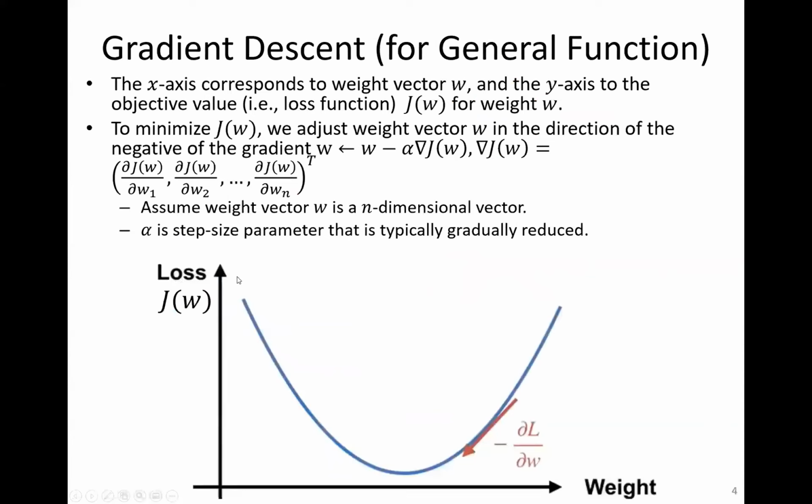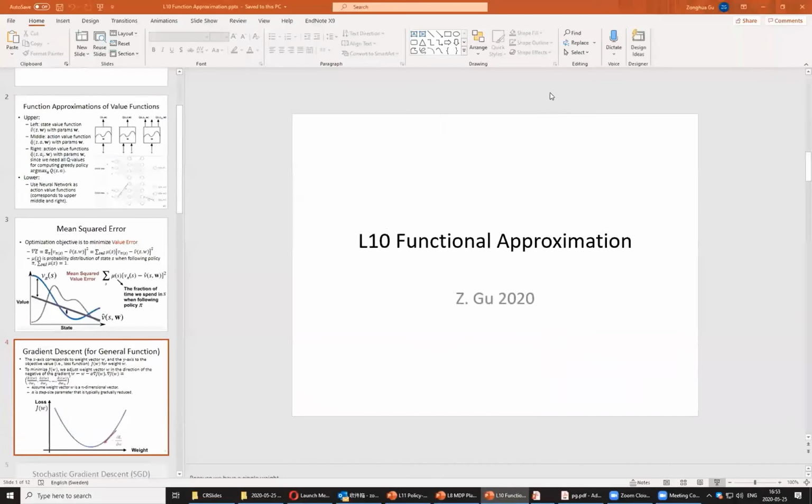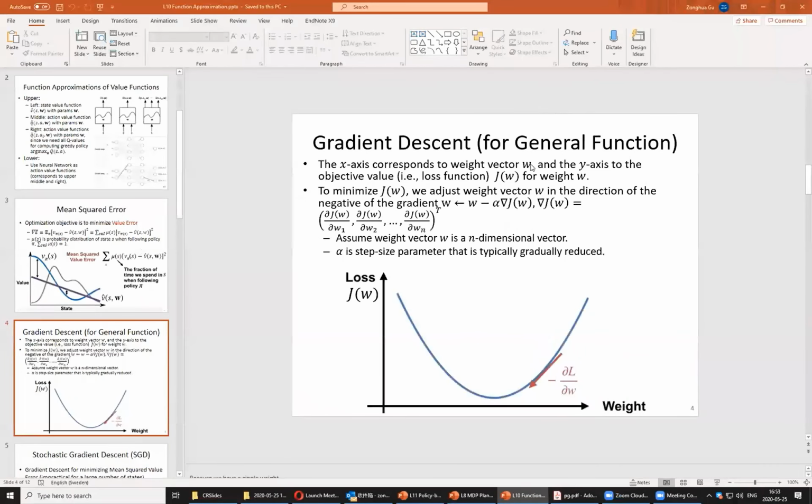We can use gradient descent. So here the x-axis corresponds to the weight vector W. We typically use a bold letter to represent a vector, and a non-bold letter to represent a scalar.